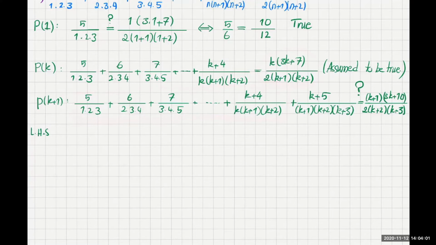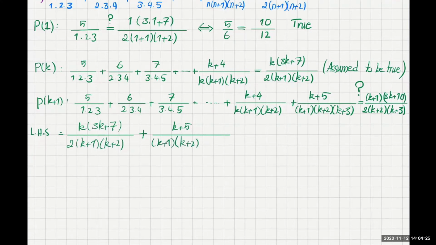So this becomes equal to k times 3k plus 7, over 2 times k plus 1 times k plus 2, and then you add this term to it, yes? k plus 5 divided by k plus 1, k plus 2, k plus 3.